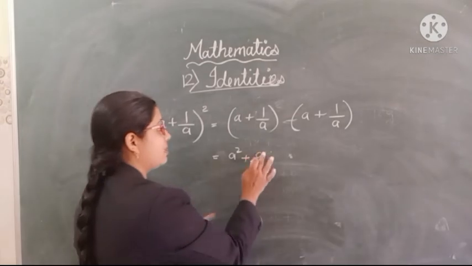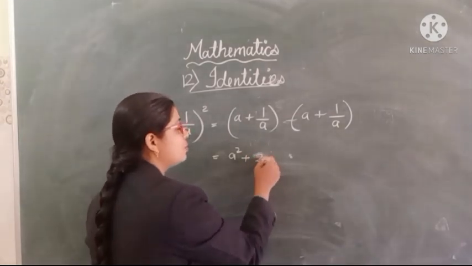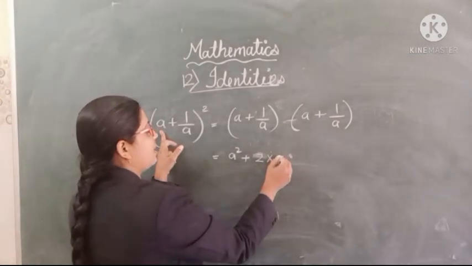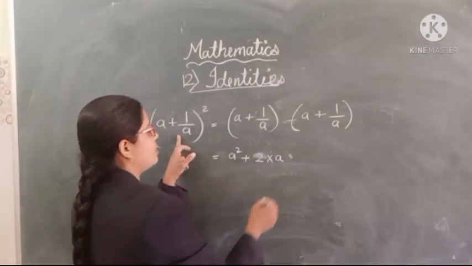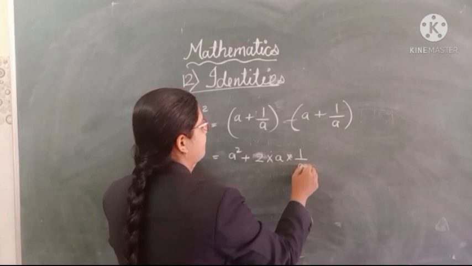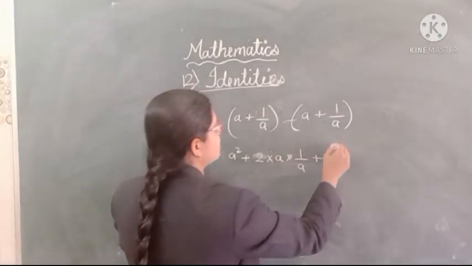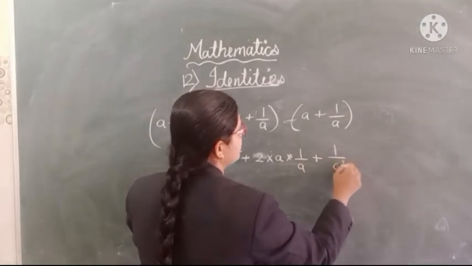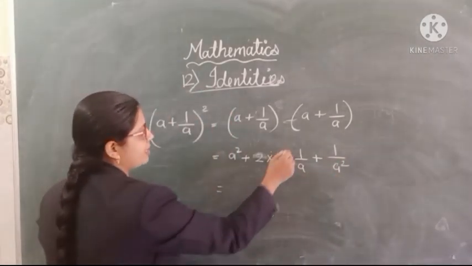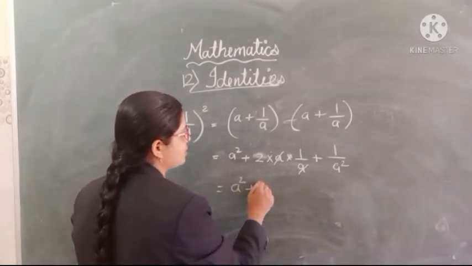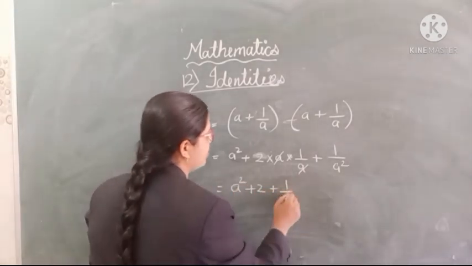So here what will come? Plus 2 into a, which is a, b is what? 1 upon a. And at last plus b square, that is 1 upon a square. Now here a will get cancelled. So we will get here a square plus 2 plus 1 upon a square.